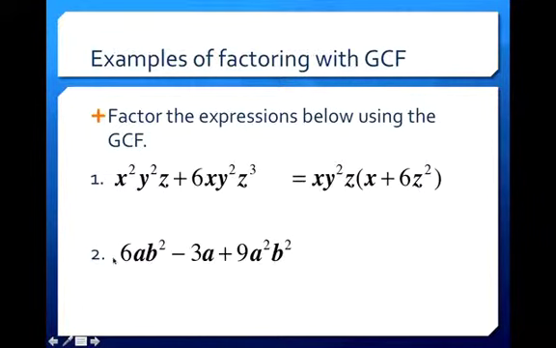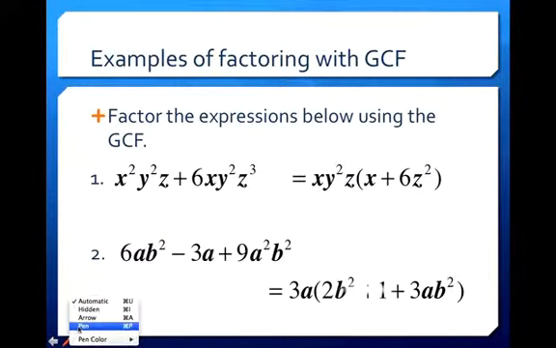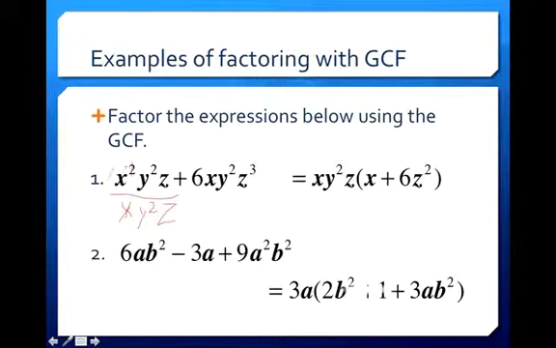What remains after I divide by x, y squared, z? Well, one x cancels out one of these x's, because there's two of them here. That leaves one x left over. The y squareds cancel out with the y squareds.